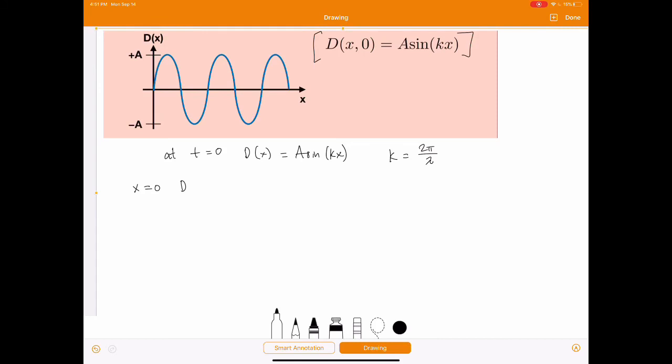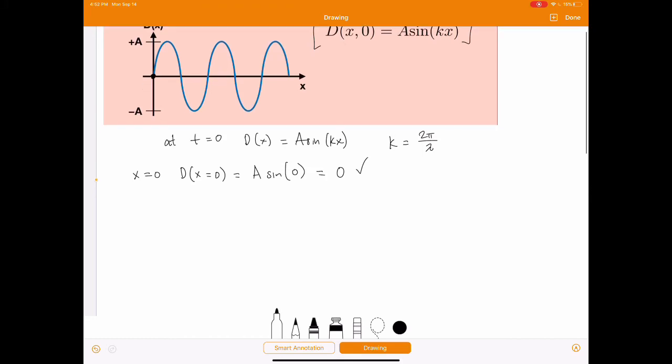This would say that the displacement at x equals 0 is equal to a times sine, well, I'm just plugging in 0 there, so what I get out is 0. Now, does that actually work? If we go to the graph, remember, this is x equals 0, and the displacement is 0 from the graph, so that seems to work.